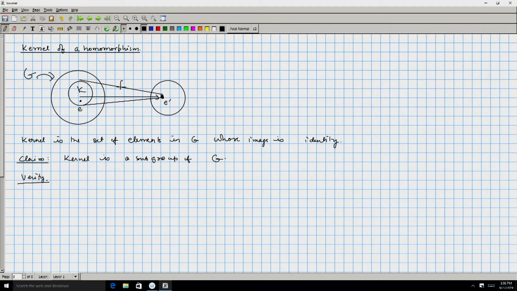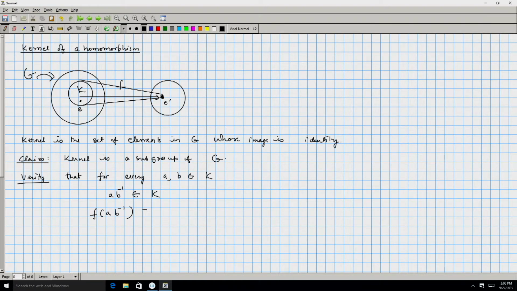In order to verify that a subset of a group is a subgroup, what we need to do is verify that for every a, b belonging to K, a b inverse belongs to K. If we verify this part, then we can conclude that the subset K is going to be a subgroup. Now, it is easy to check because f of a b inverse, if we can show that this is identity, then that means for every a, b belonging to K, a b inverse also belongs to K.